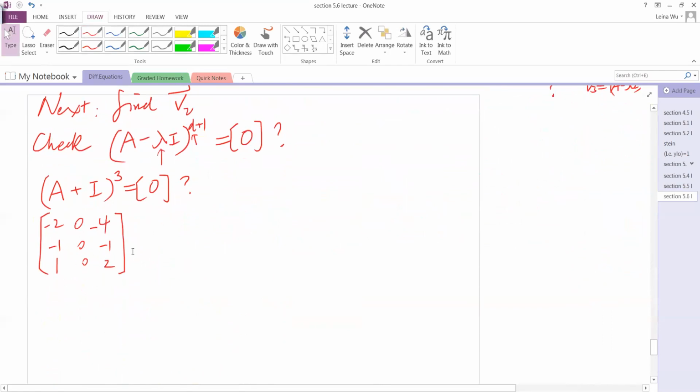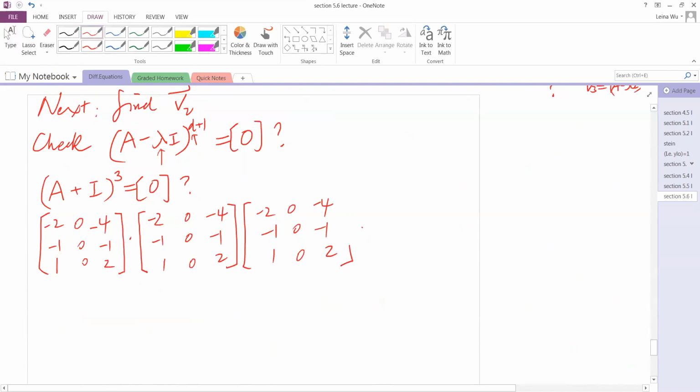So this is A plus I. Unfortunately, you have to multiply it to get it to the cube, further multiplying the same matrix, to see what it is.